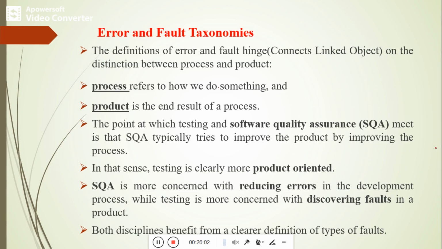The point at which testing and software quality assurance meet is that SQA typically tries to improve the product by improving the process. For example, if any bugs are there, we will try to identify those bugs, as well as implement the quality characteristics approach which we went through in the last class.